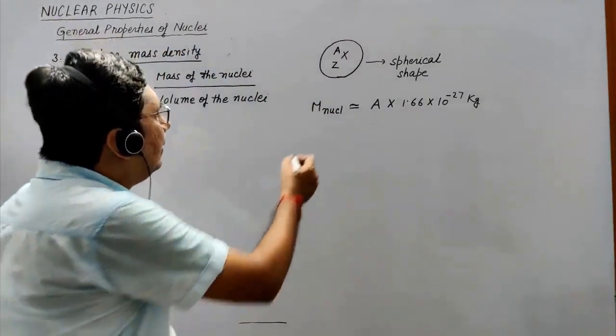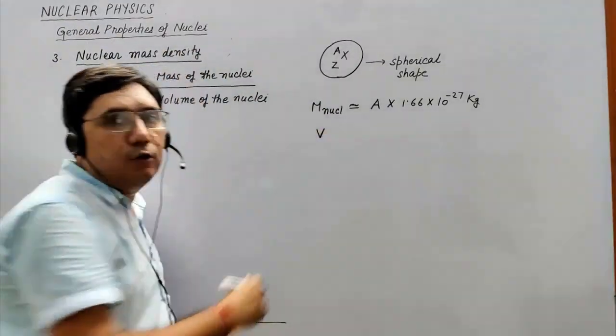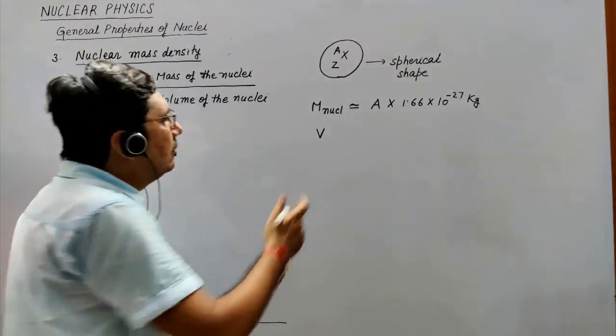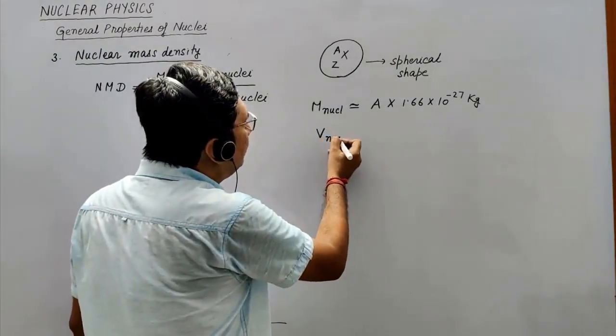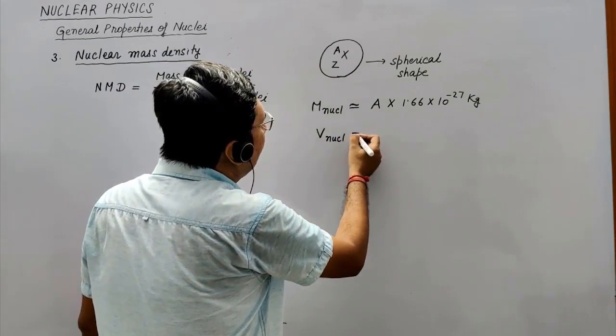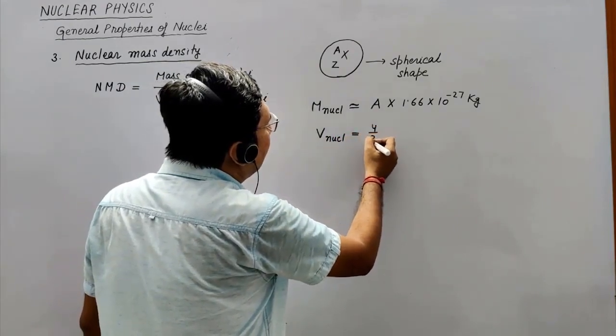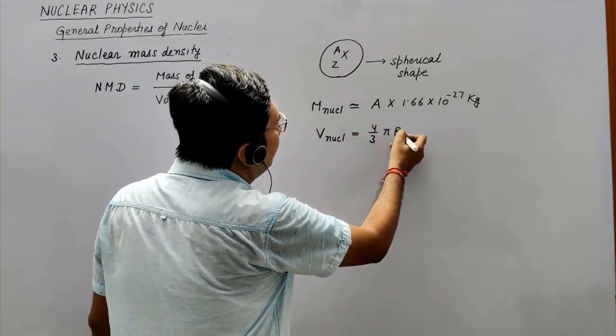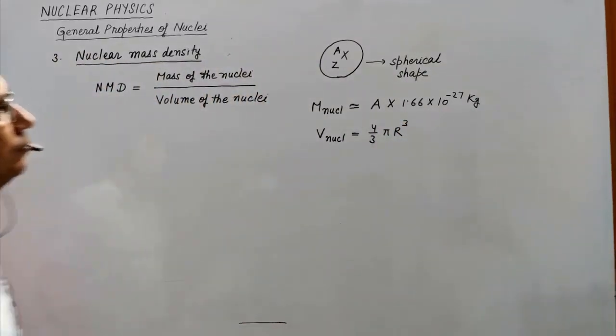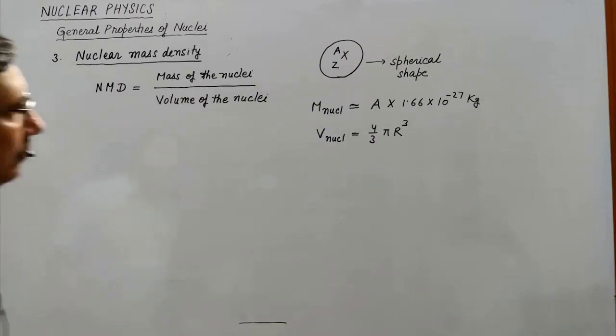What is the volume of the nuclei? Volume of the nuclei is equal to 4 by 3 pi r cube. This is the nuclear volume. Why is this the volume? Because we are considering the nuclei of spherical shape.